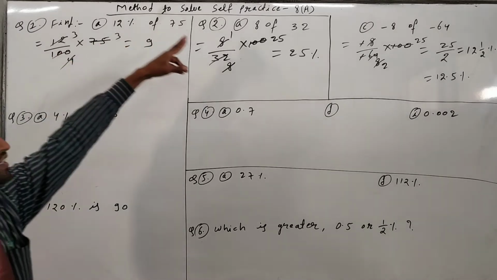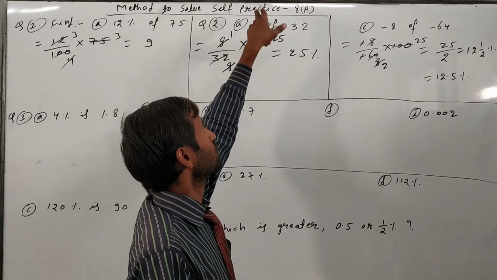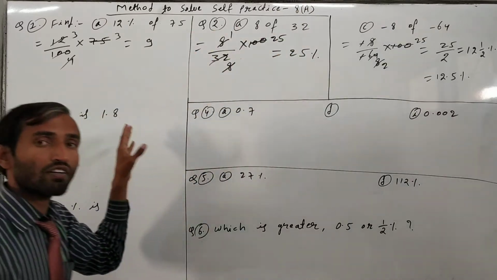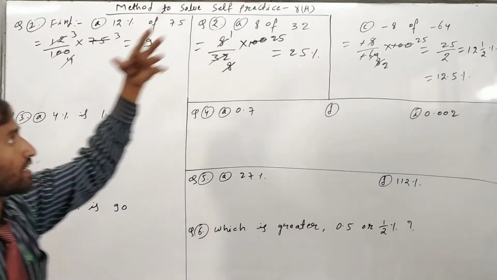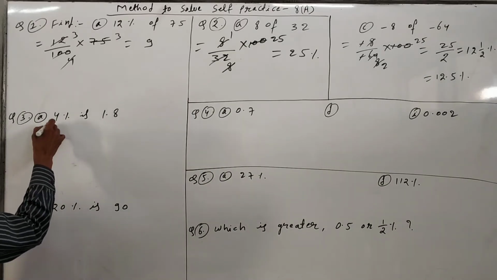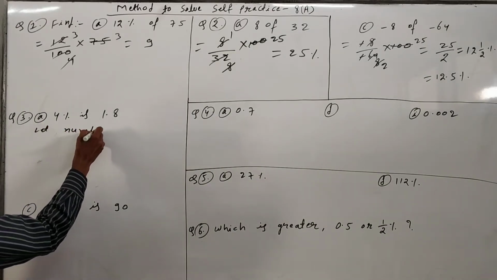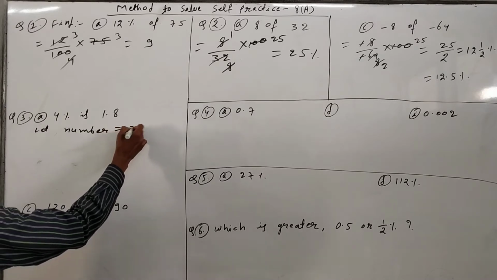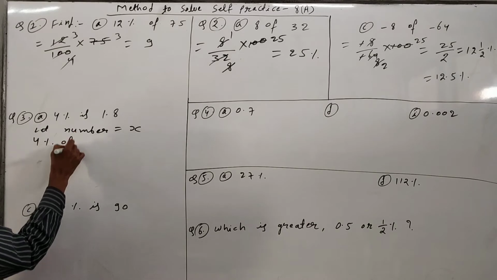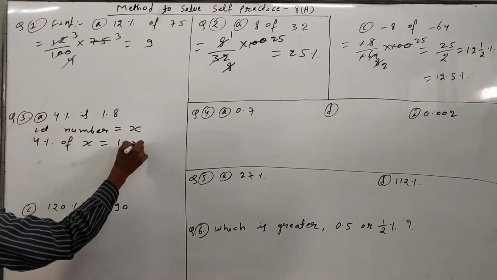Here percentage is given, we have to find that number. So just suppose the number is equal to x. So 4% of x is equal to 1.8.